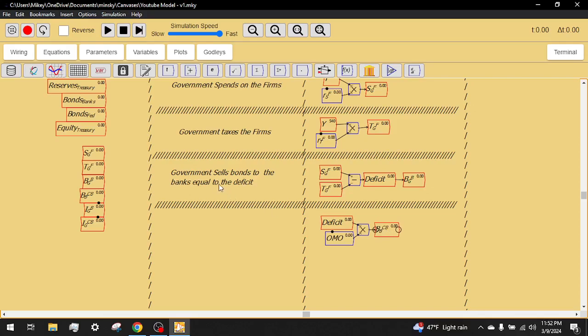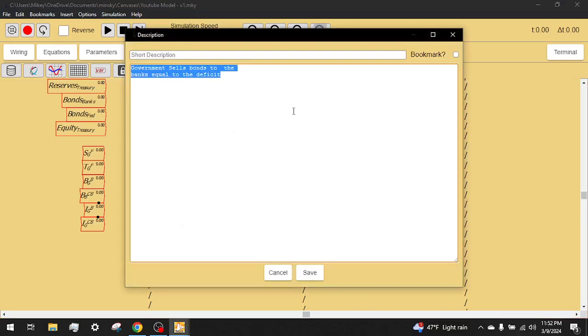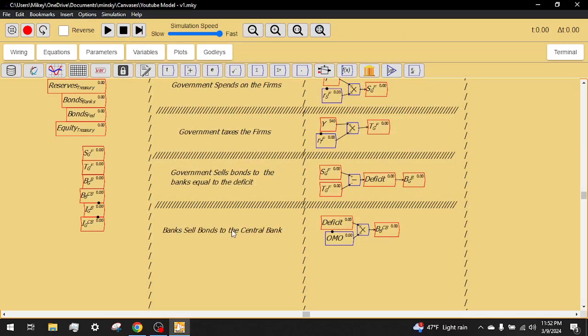And I'll give this a description saying that the central bank buys the bonds, or equivalently that the banks sell the bonds to the central bank. Cool. Put our divider over here.